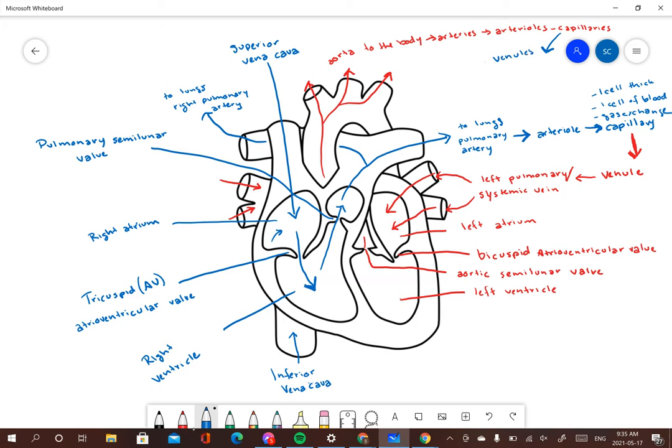Okay. Then it's going to flow into your veins. And then depending on where it's coming back from the body, let's say that this was going to the head, it is then going to join up with the vena cava and start the process all over again.